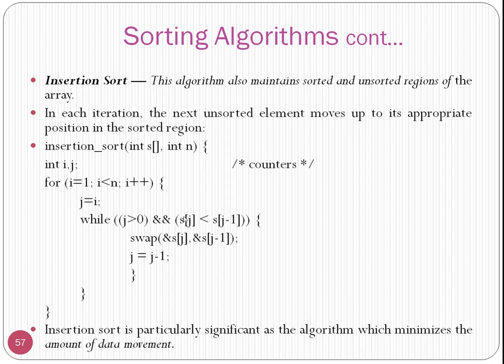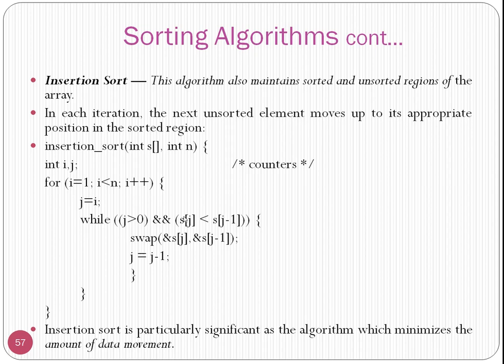Next is insertion sort. This algorithm also maintains sorted and unsorted regions of the array. Similarly to selection sort, insertion sort has two sections: one is the sorted region, and the other is the unsorted section.